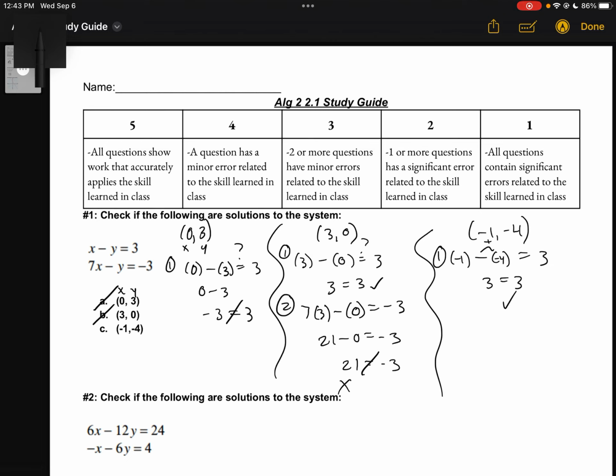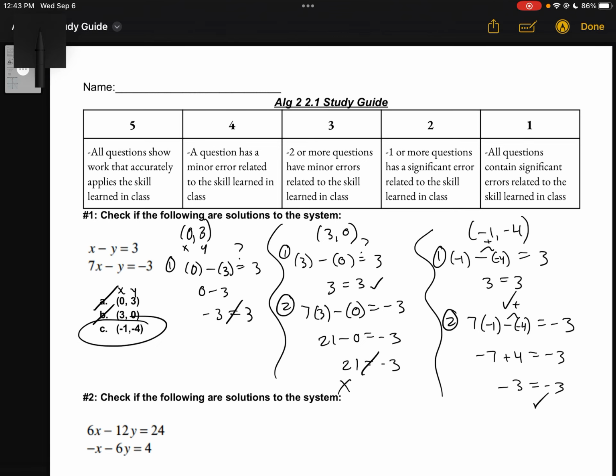So that does work for our first equation. For our second equation, we do need to still plug this in. We're going to have negative 7 plus 4. In this case, again, two negatives come together to be a positive. And this does, in fact, equal negative 3. So that does satisfy it for both. So our only solution that works for both is C.